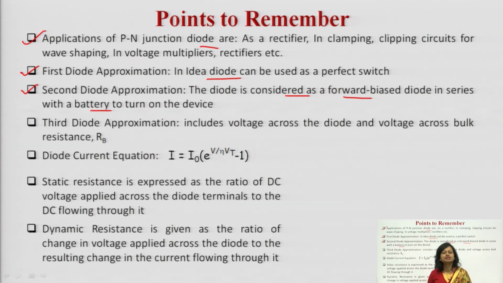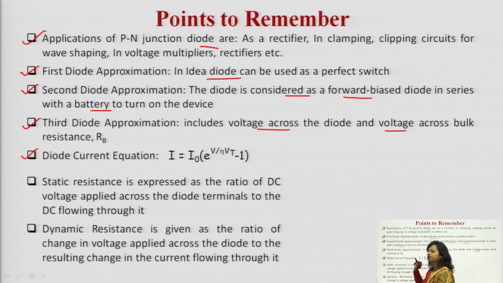You must remember it, in series with a battery. To turn on the diode, when the applied potential between the terminals is higher than the potential of this battery, then the diode will be on. The third approximation includes the voltage across the diode, and a bulk resistance is also included. It means diode along with the battery along with a resistance, and that resistance is the bulk resistance.